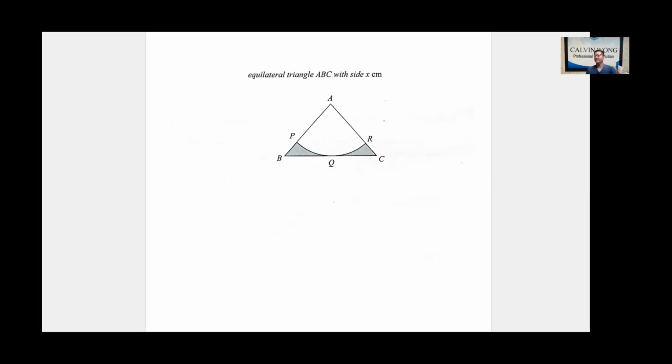Now, first thing, you look at the information required. Equilateral triangle ABC. Equilateral triangle means 60, 60, 60. With side x. Oh, they didn't mention the value here.